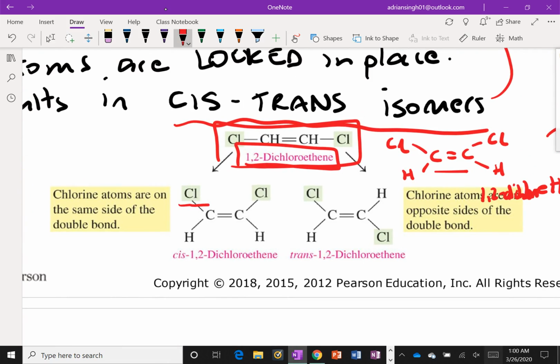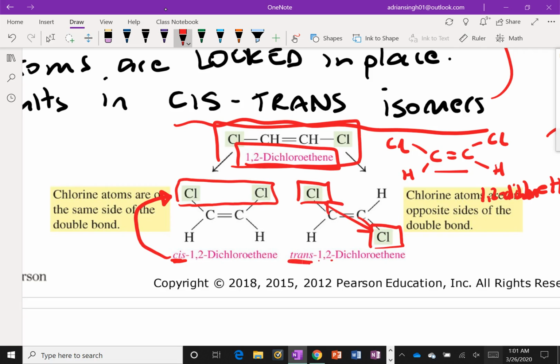But now because of the double bond, what can actually happen is we have a couple of possibilities. Both of the chlorines can be on the same side of the double bond, in which case we use another prefix here, cis, on the same side. Or one chlorine can be on one side and the other on the other side of the double bond, and these now are trans to each other. So we say that's trans-1,2-dichloroethene.